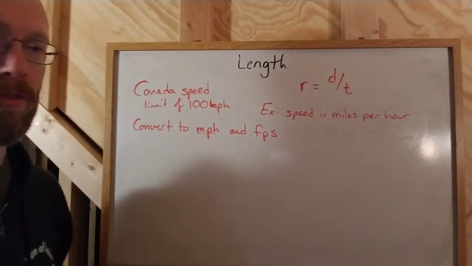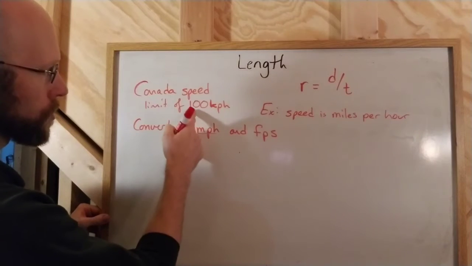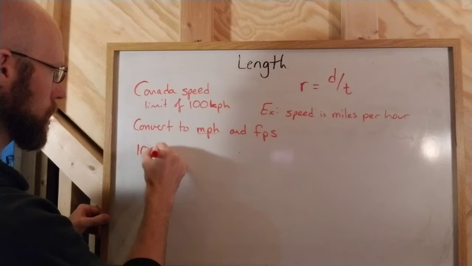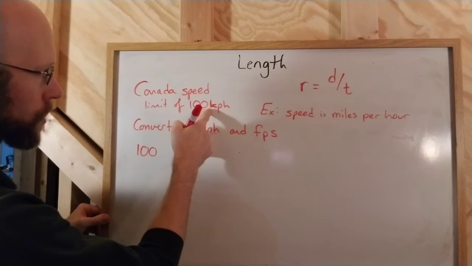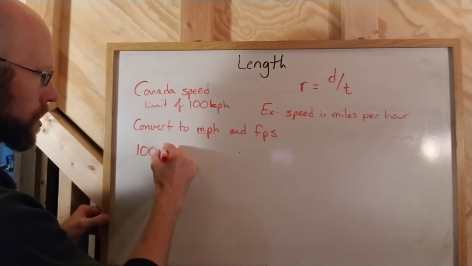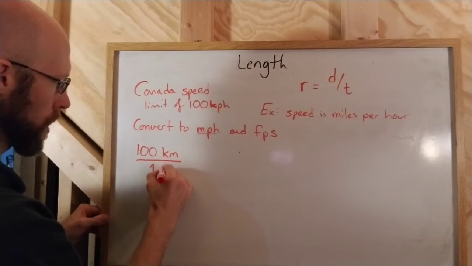We'll do miles per hour first. Now when you do a rate of speed, we said in the past we just take our given information and put it over 1. Well, here I want 100 kilometers per 1 hour.